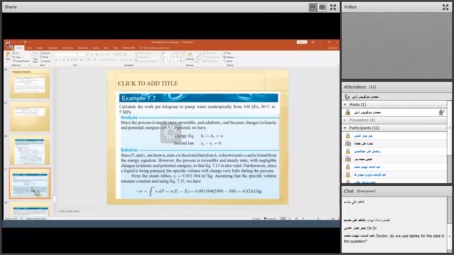So nu is constant, and the work equals the specific volume times the pressure at exit minus the pressure at inlet, that is equal to minus 4.92 kilojoules per kilogram. Any question?